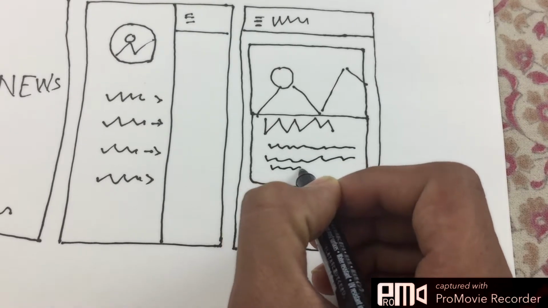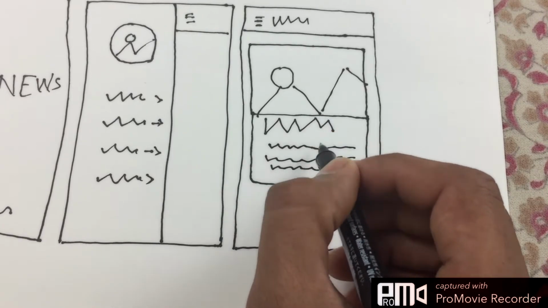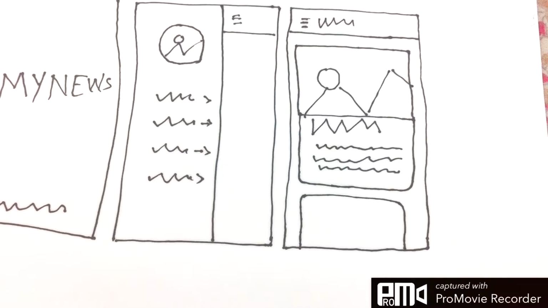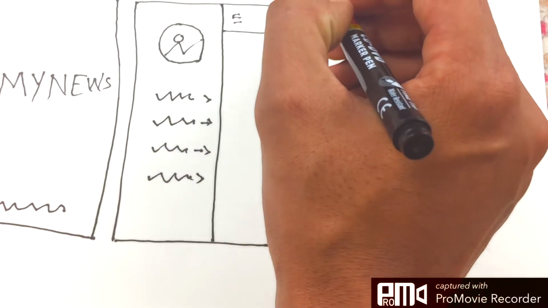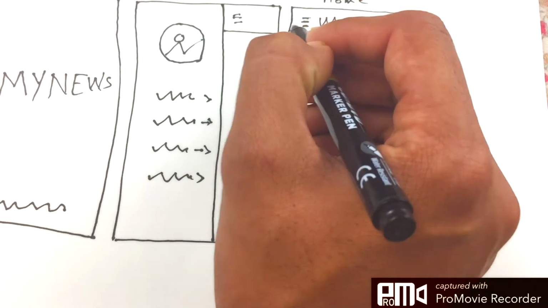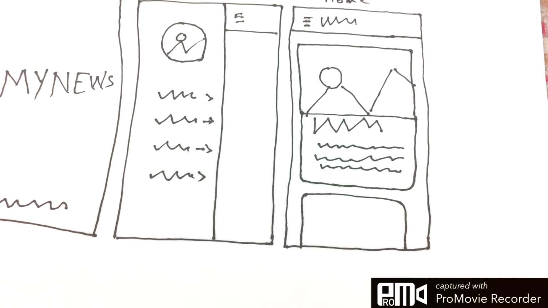When the user clicks on that, the detail of this news is going to open in the next page. So that's all about our home page: the cards having the image, title, and some amount of content about the text.